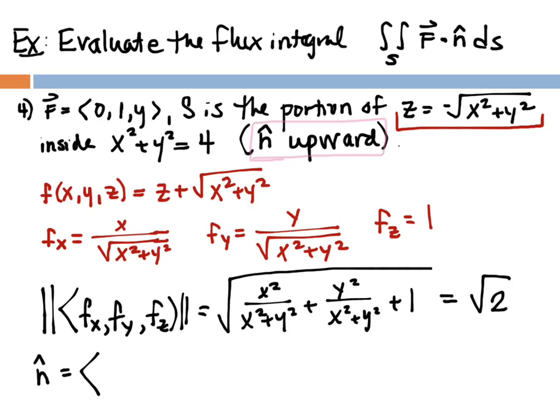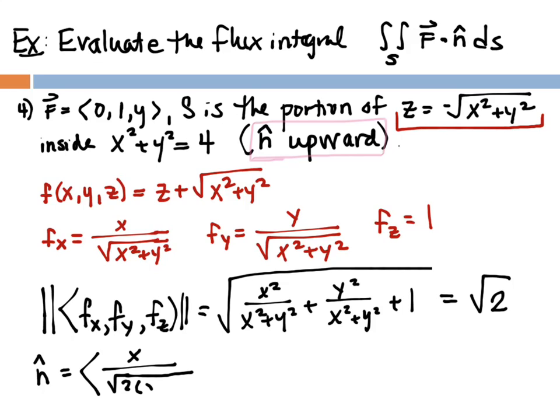All right, so my normal vector is going to be the same f sub x, f sub y, f sub z that I have, but normalized with the square root of 2, because that's actually the length of ours, right? So I'm going to divide each of the components by square root of 2. So instead of having f sub x, I'm going to have x over square root of 2, and then, how do I write this down?